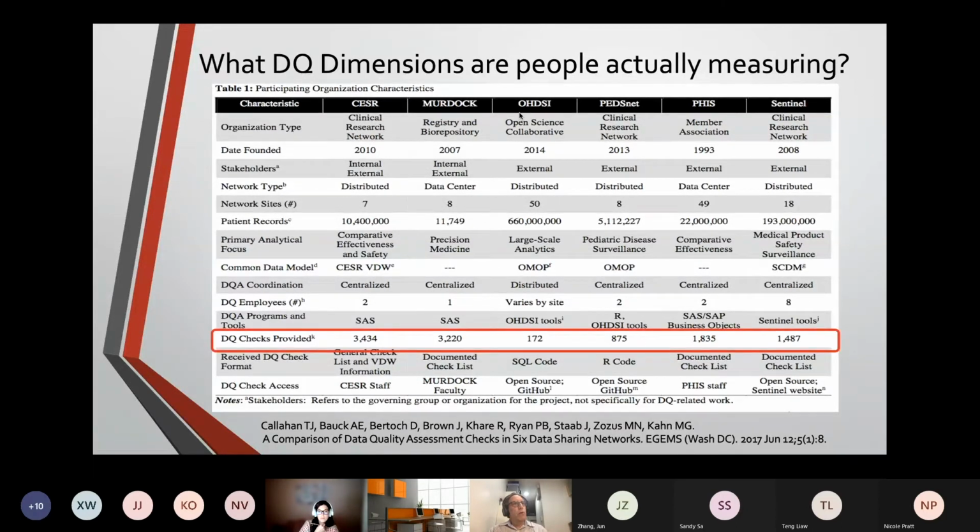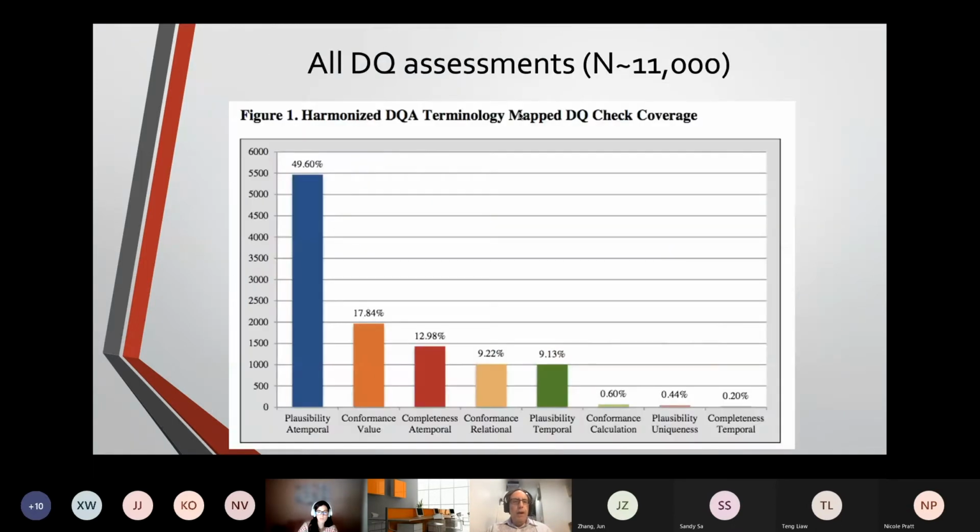And she was able to acquire from those 6 networks roughly 11,000 different data quality checks that were done. And she used the Harmonized framework, which again was developed specifically so that we could put like things together, like kind of measures with like kind of labels, and compared kind of where were people spending their time in these 6 networks doing data quality.